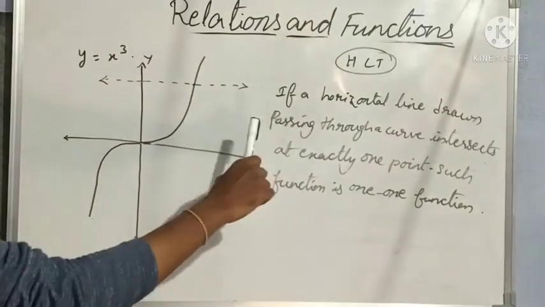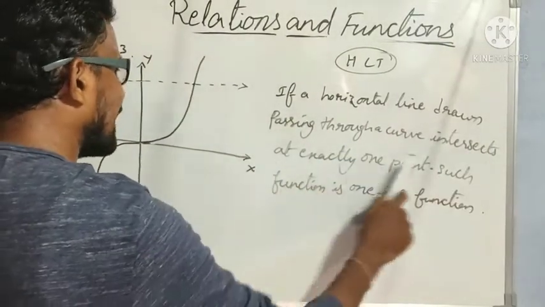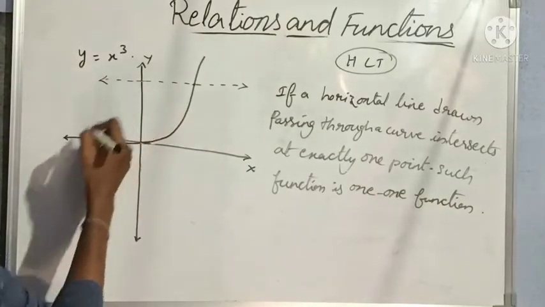Okay, if a horizontal line drawn passing through a curve intersects at exactly 1 point, such a function is a one-one function. Now wherever you want you can draw.